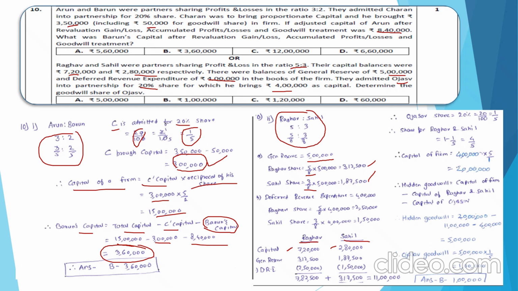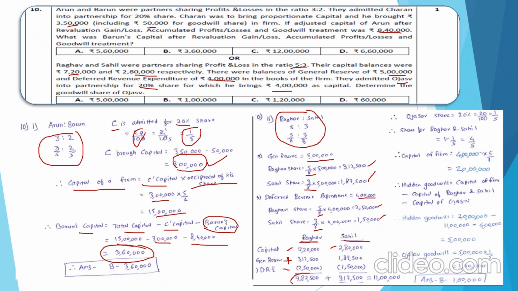General reserve is normally given to partners, so I added it to this working. Then we have deferred revenue expenditure. It's a loss, 4 lakh. I also divided that in the old ratio among partners and got 2,50,000 and 1,50,000, which I subtracted. Why I'm doing this is that I want to find their actual capitals after doing this adjustment.